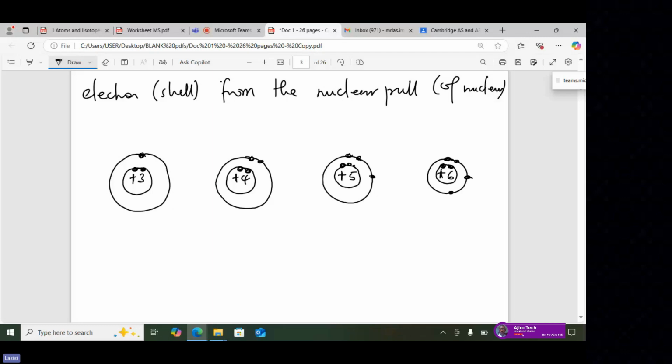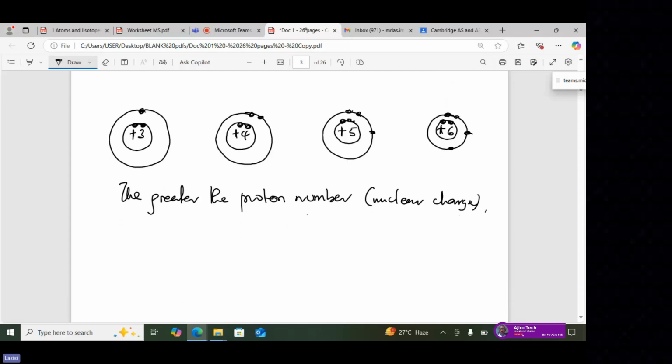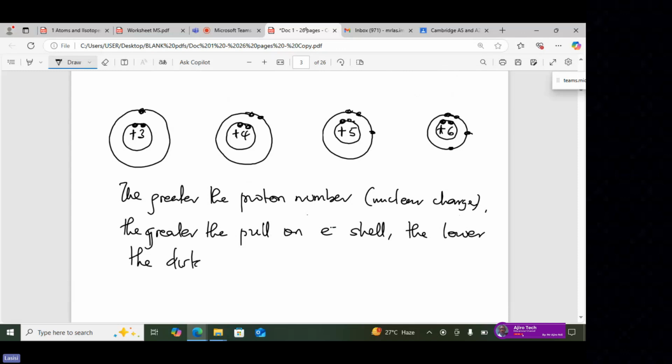The more the proton number inside the nucleus, the greater the pull, or the greater the what? The greater the proton number, called the nuclear charge, the greater the pull on the electron shell, the lower the distance.